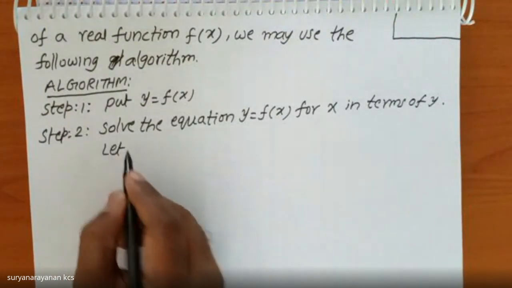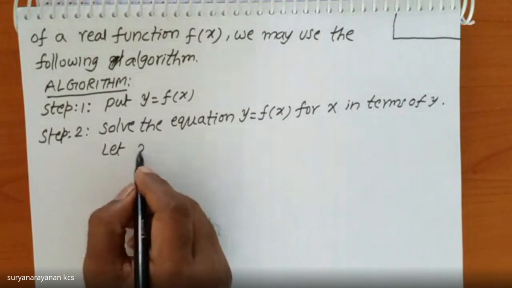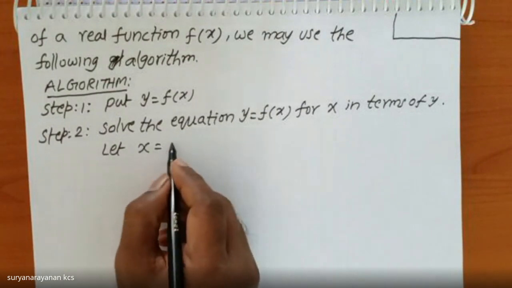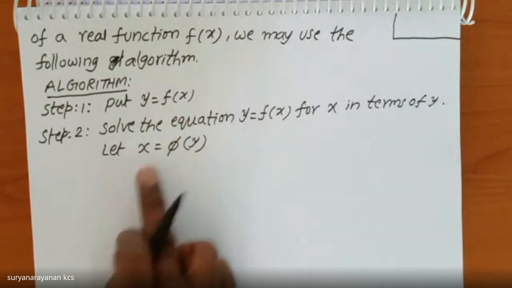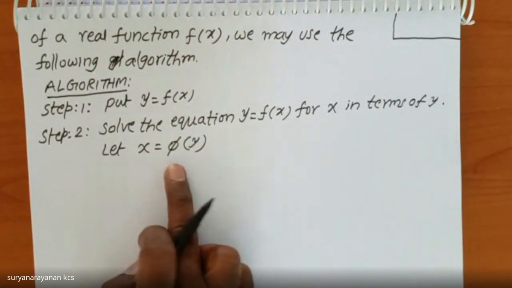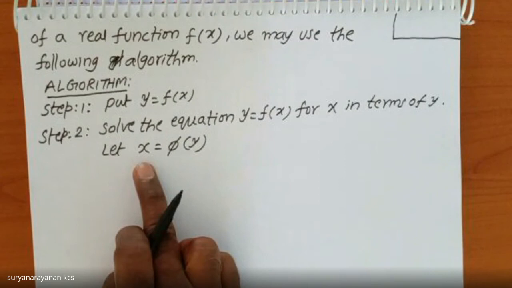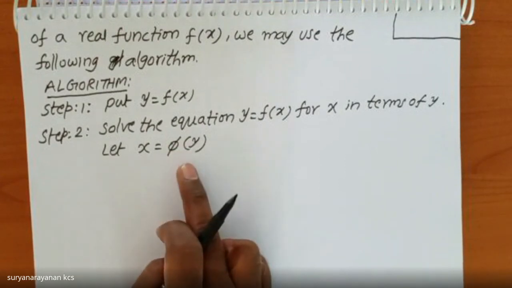Then let x is equal to pi of y. We got the x value in terms of y like this.